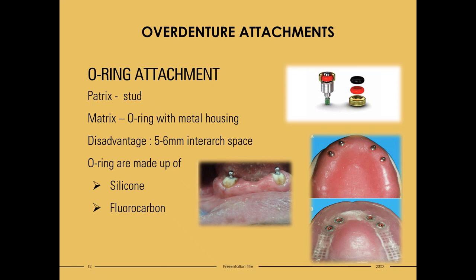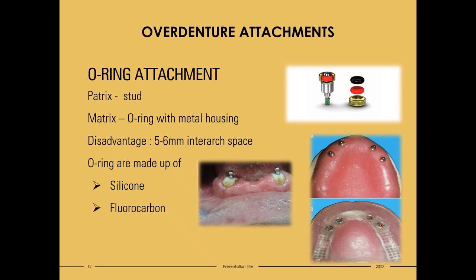Now, when the denture is inserted into place, the O-ring gasket stretches over the stud and it is seated in the undercut that is present below the stud. So you can see an undercut below the stud. When the denture is being inserted, this O-ring gasket fits into this undercut. And these gaskets are available in a different range of hardness based on their retention requirement.